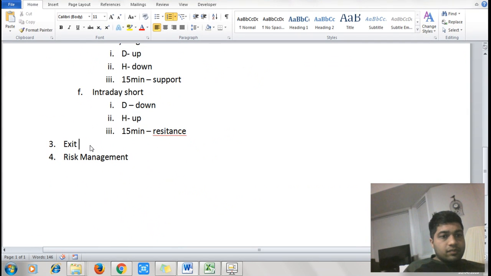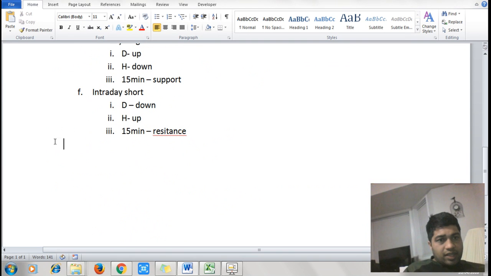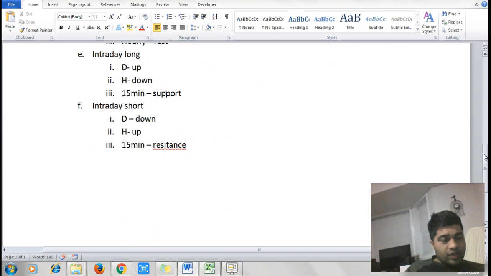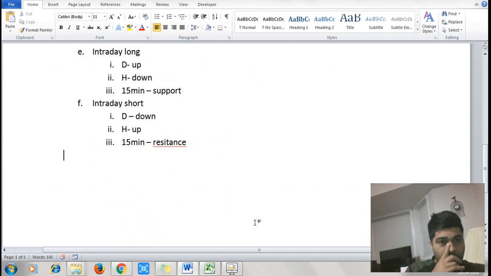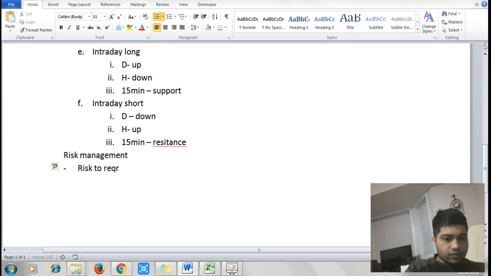Okay, next is exit and risk management. Even though we follow multi time frame analysis, we can go wrong. So to increase the probability further, we generally have risk management. So what is risk management? Risk management means we follow a risk to reward ratio of 1:3.